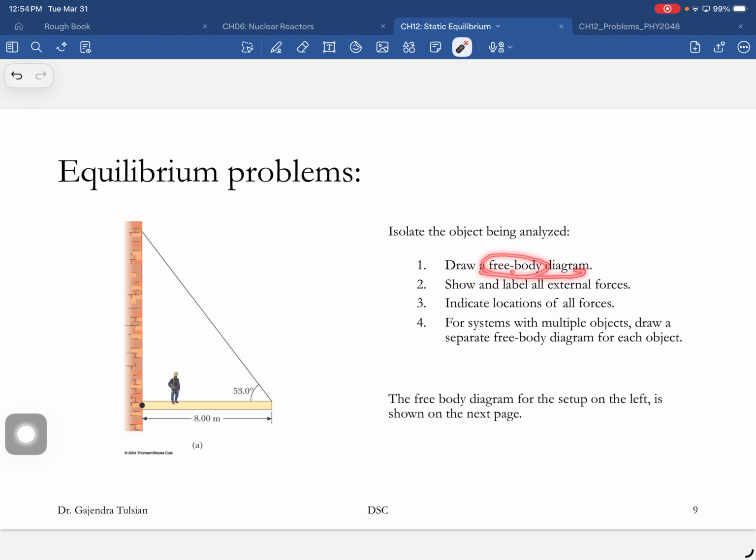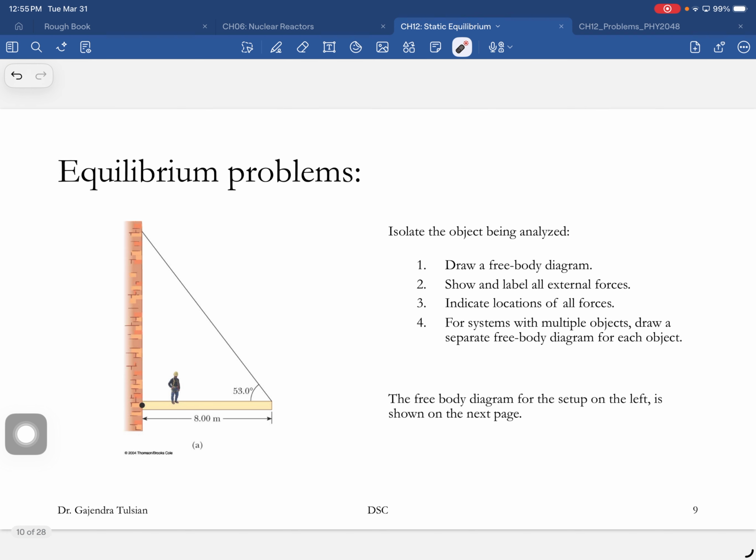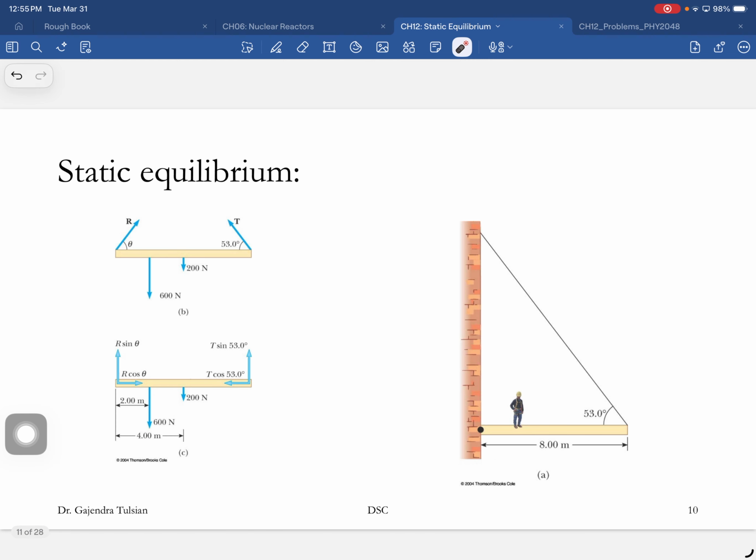Okay, so let's see what this means. What is it that you want in this problem? What's your goal? Yeah, that's one of the goals, but you want the scaffold to be at rest. You want the scaffold to be in static equilibrium. So let's look at all the forces on the scaffold.